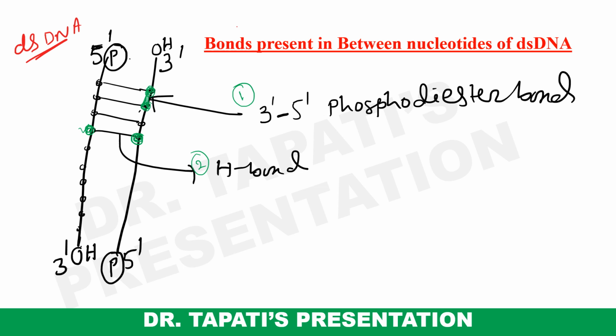Adenine pairs with thymine through two hydrogen bonds, as you already know, and guanine bonds with cytosine through a triple hydrogen bond. These bonds are critical for the stability and specificity of the DNA double helix, allowing for the complementary base pairing essential for the replication and transcription process.